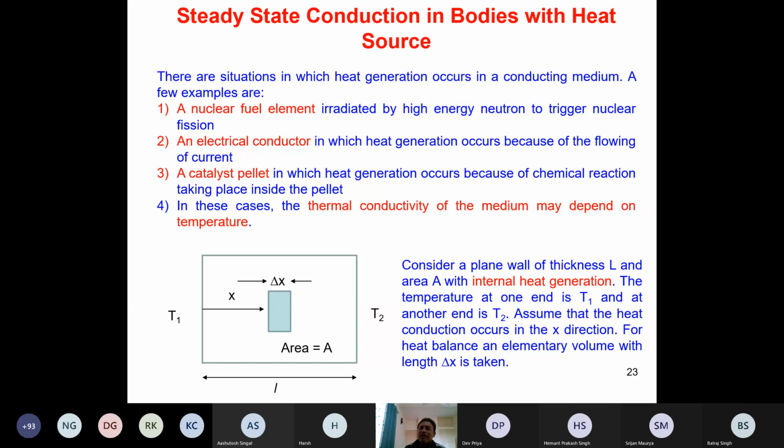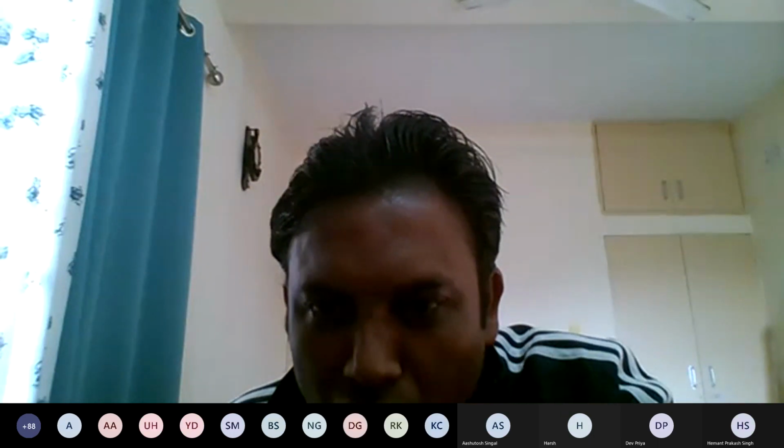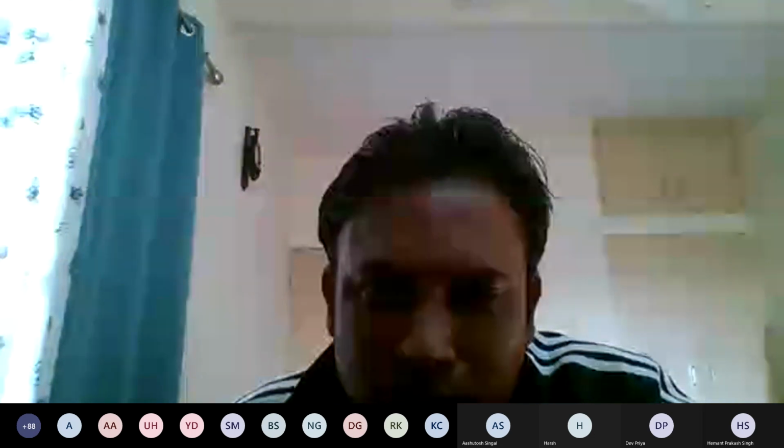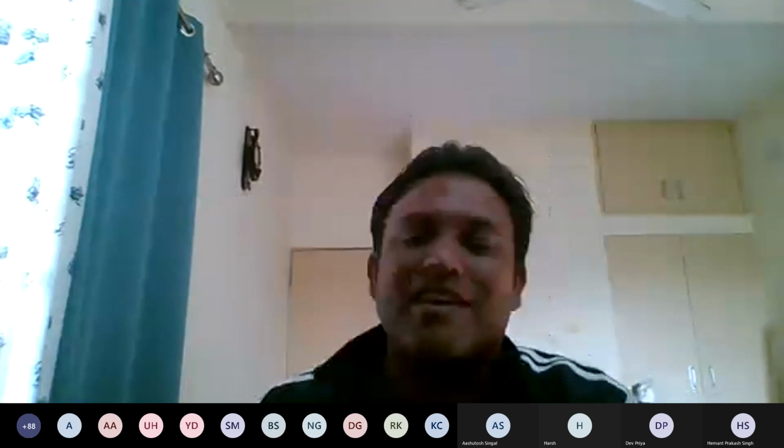Consider a plain wall of thickness small l. The cross-sectional area is still constant, same as A, but there is an internal heat generation taking place.